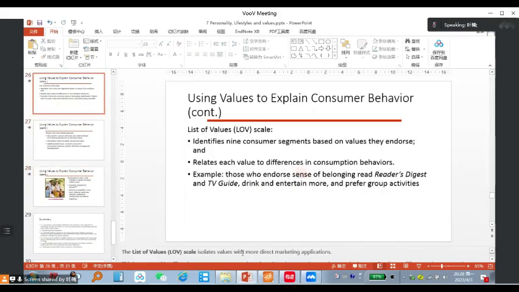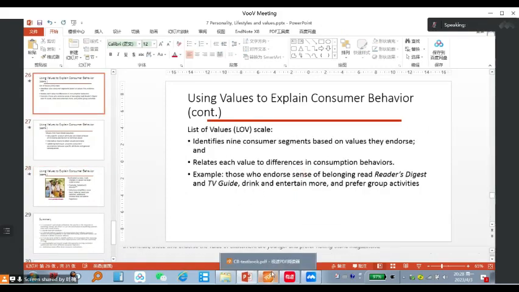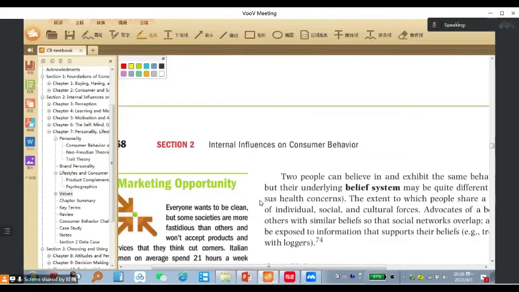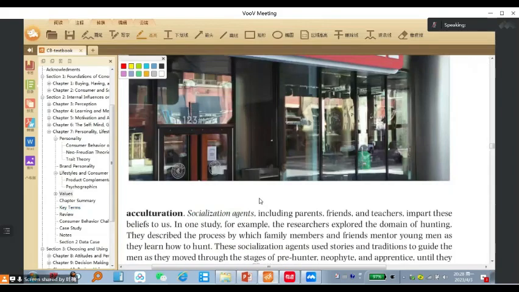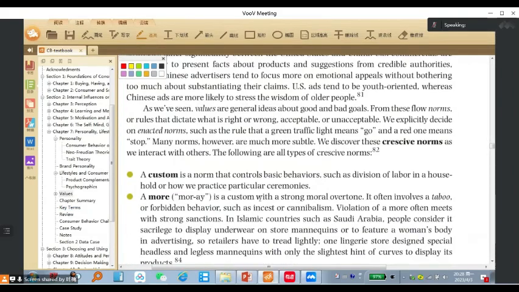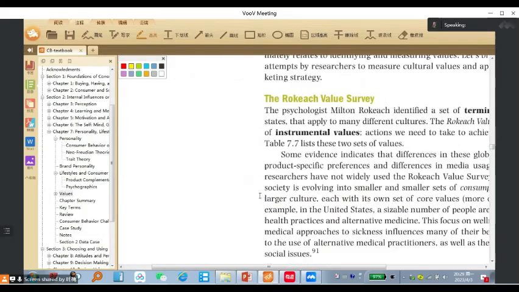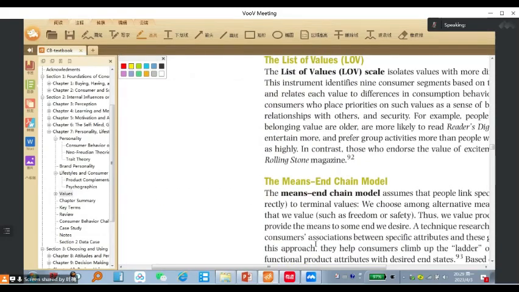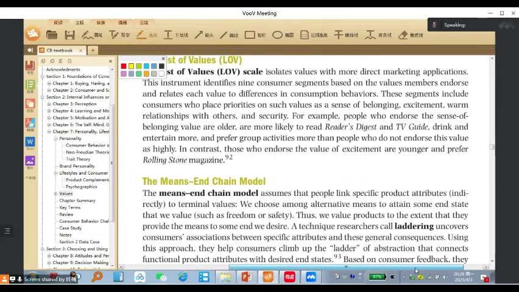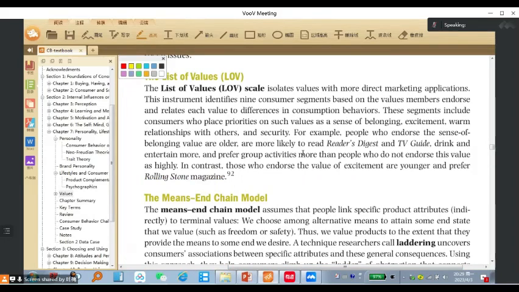Let's see. These segments include consumers who place priorities on such values as a sense of belonging, excitement, warm relationships with others, and security.